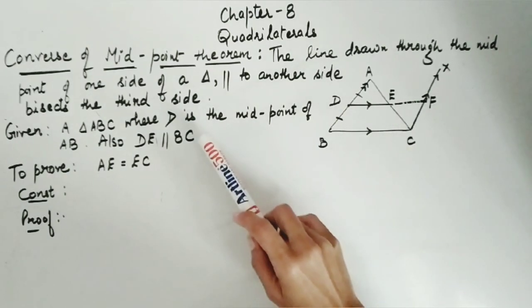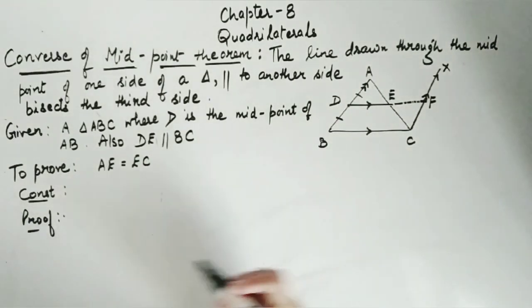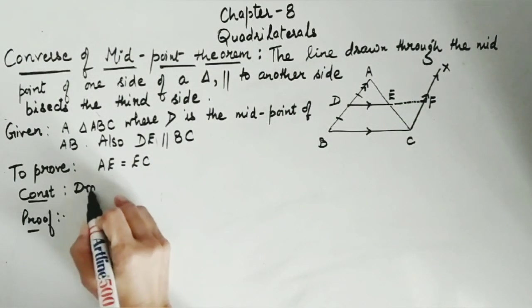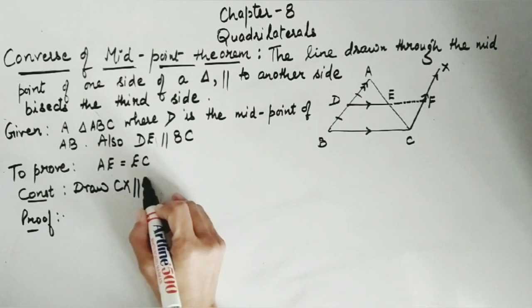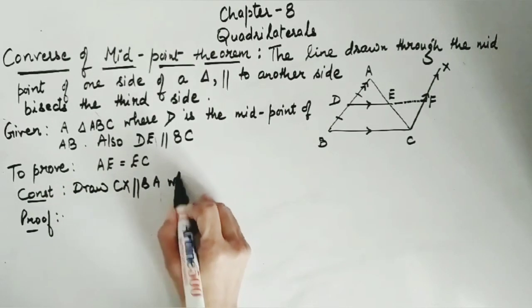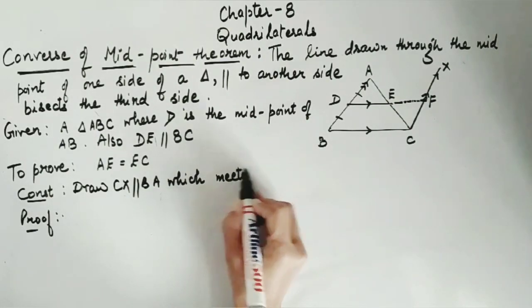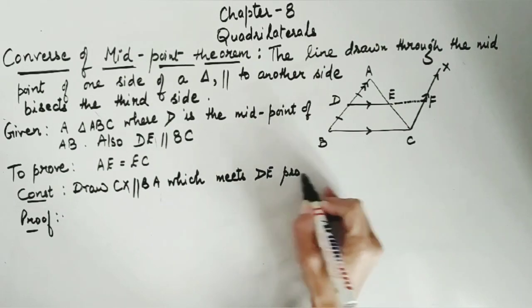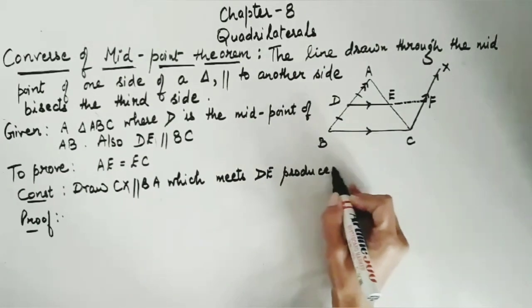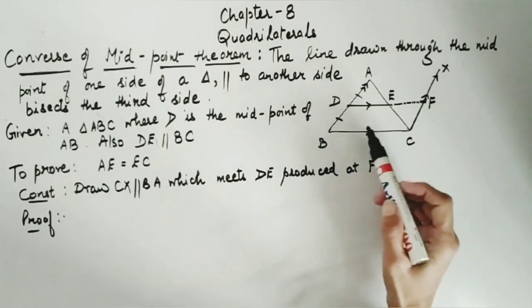So we have done a construction, similar to what we did in the previous case. We draw CX parallel to BA, and DE is produced to meet it at F. Now carefully observe this figure.